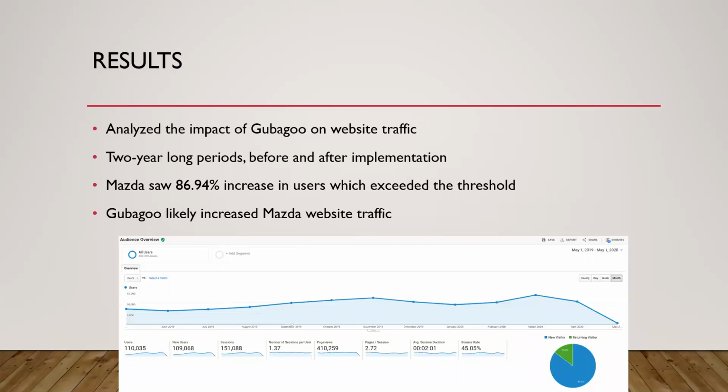And so Mazda saw an 86.94% increase in users during that time period, which exceeded the threshold set by COVID. So it was like 20% higher than the average COVID threshold, which means that there was likely a correlation between Goo and that increase in traffic.